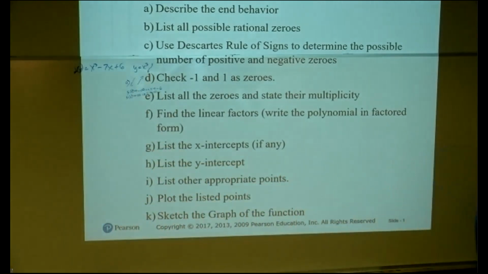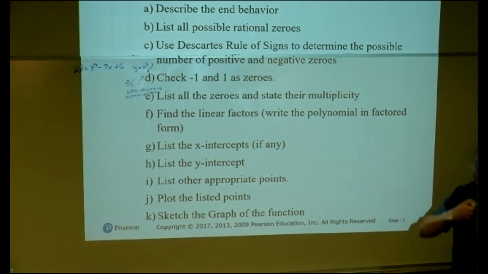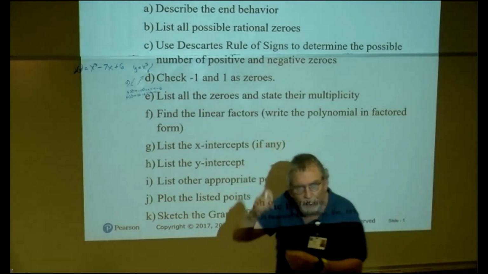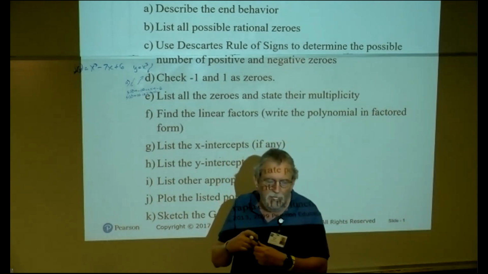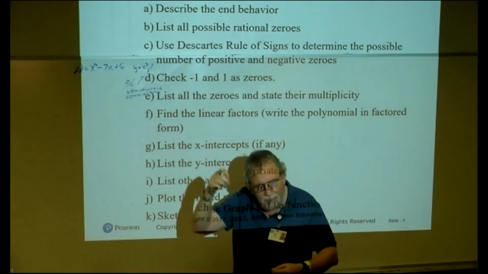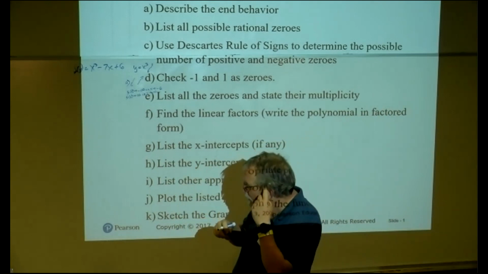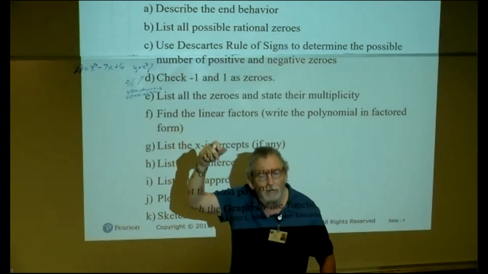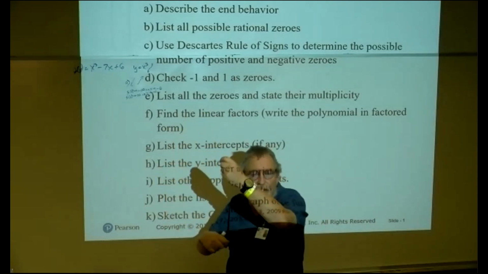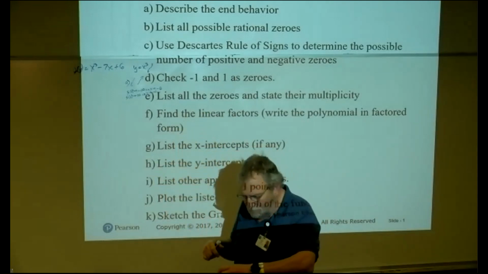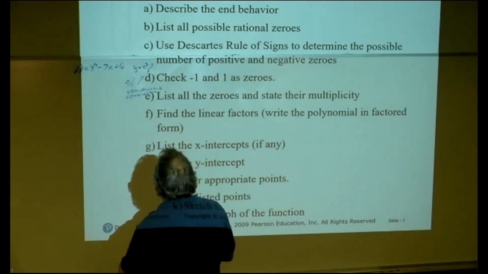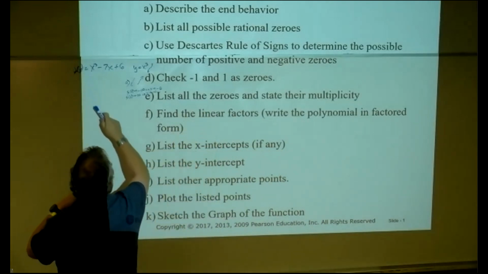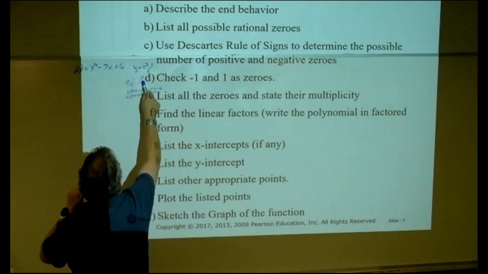The leading coefficient just makes it happen faster or slower, because if it's a fraction, then it's going to be compressed. And if it's a number larger than 1, then it's going to stretch out. And if it's negative, it just switches. So if this was a negative here, then it would go up to the left and down to the right.